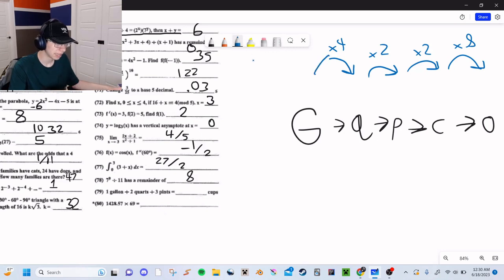So anyways, I'm converting all of these into cups. Well, actually what I'll do first, I'm going to convert gallons to quarts. So 1 gallon is 4 quarts. I'm going to add that to the 2 quarts here to get 6 quarts. Then I'm going to convert quarts to pints.